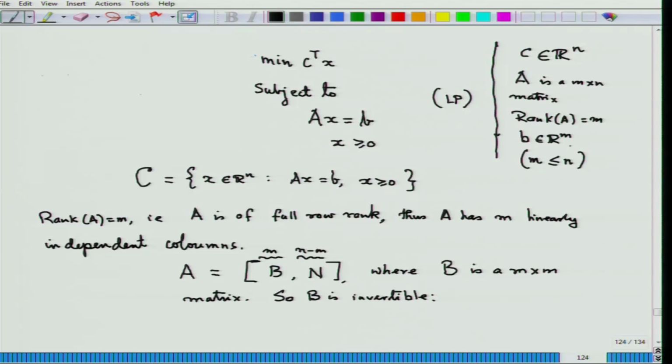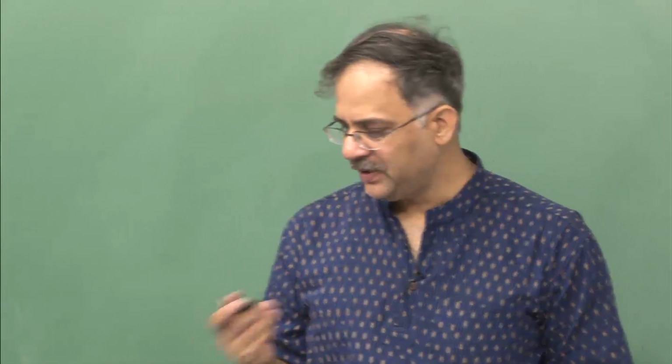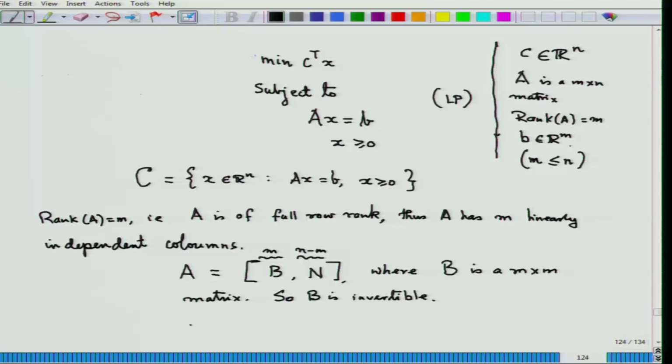Now, because I partition the matrix into B and N, any vector can be partitioned into two parts, x_B and x_N. So, take any vector x, and let us write it down as x_B and x_N. x_B is the vector corresponding to the indices of the first m components, and the next one corresponds to the indices of the last n minus m components.